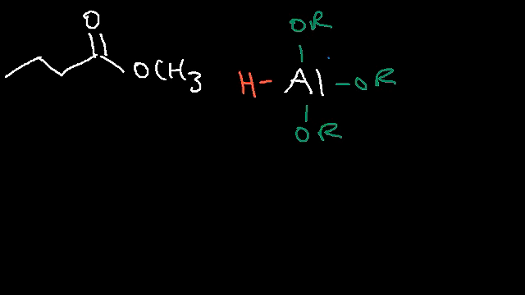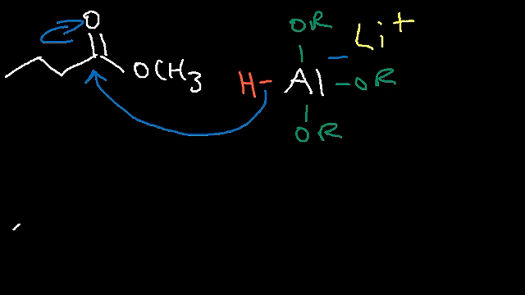Now the aluminum atom has a negative formal charge and lithium has a positive charge. So whenever hydrogen is attached to a metal, it's going to have a partial negative charge. It's nucleophilic, kind of like when a carbon is attached to a metal. Keep in mind, formal charge and partial charge are not the same thing, they're different. Now this hydride is going to attack the carbon, and then the pi bond is going to break.